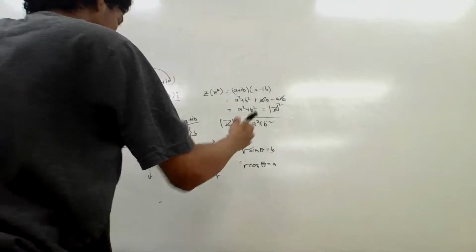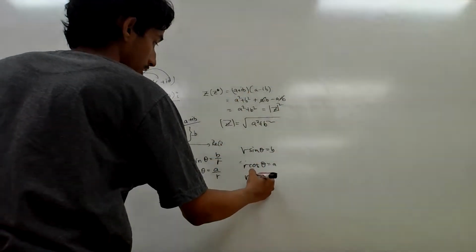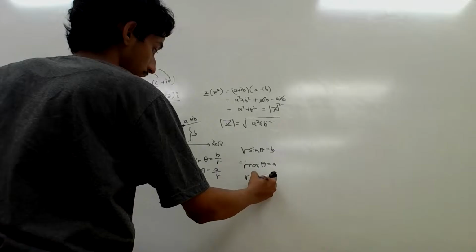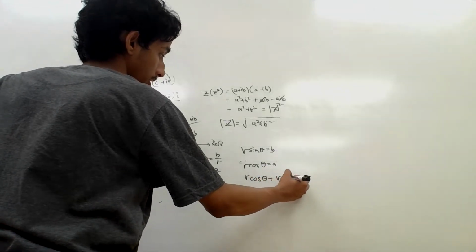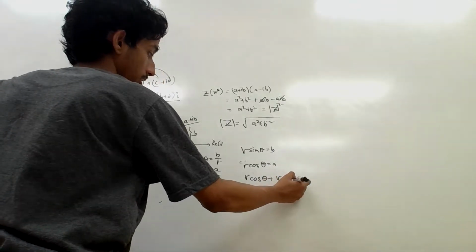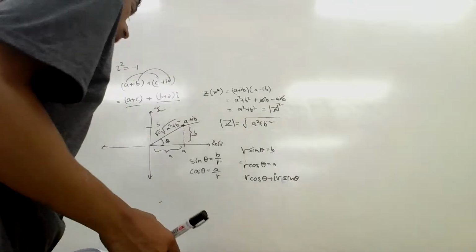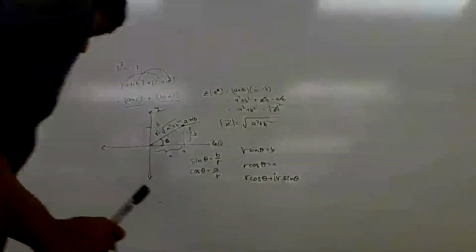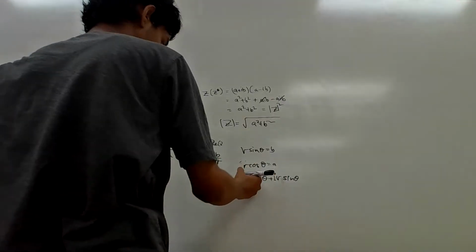Now you can write z in terms of this: r cos theta, which is the a part, plus r sine theta with the iota sign in front of it. So this is the symbol for z.